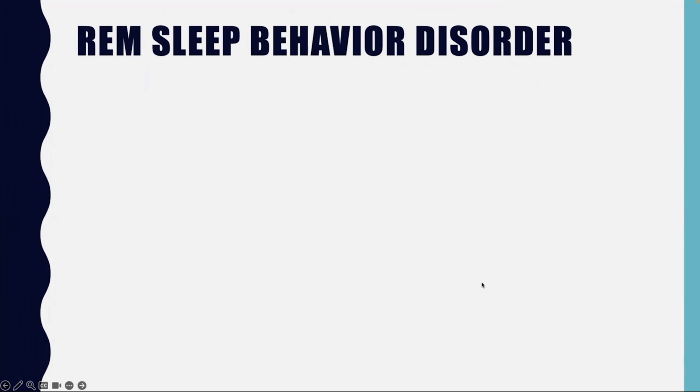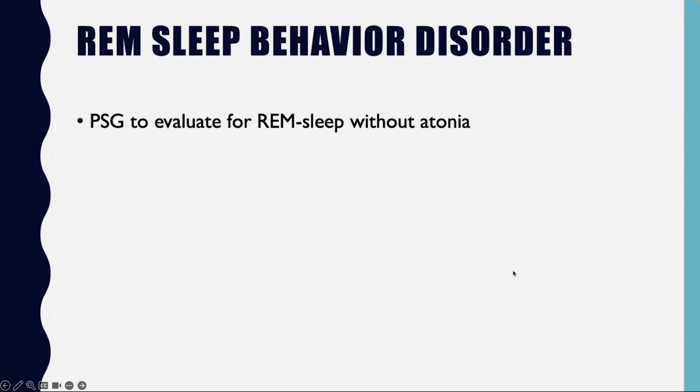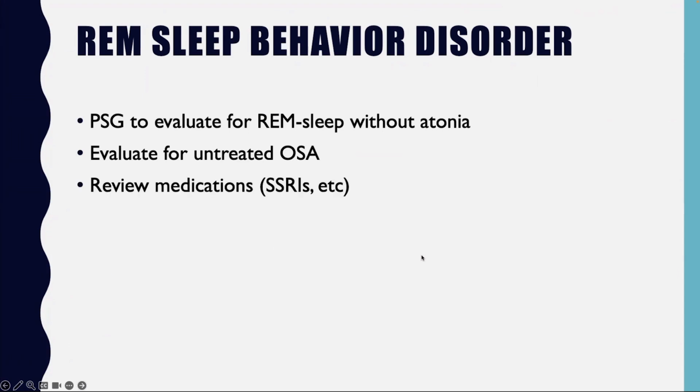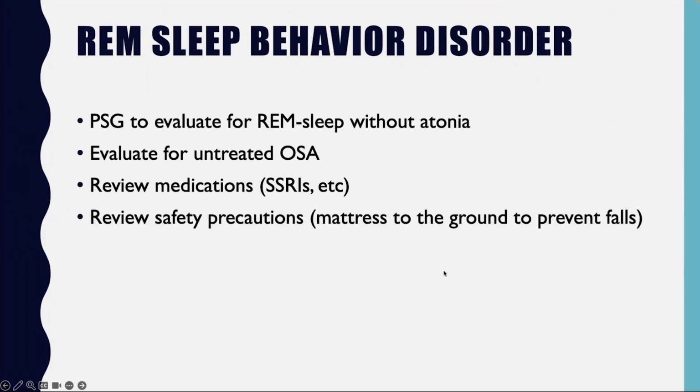So what do you do when a patient has suspicion for REM sleep behavior disorder? You should order an in-lab study to evaluate for REM sleep without atonia. You should also evaluate for untreated sleep apnea. You should review their medications. SSRIs can sometimes precipitate these symptoms. And really review safety precautions.